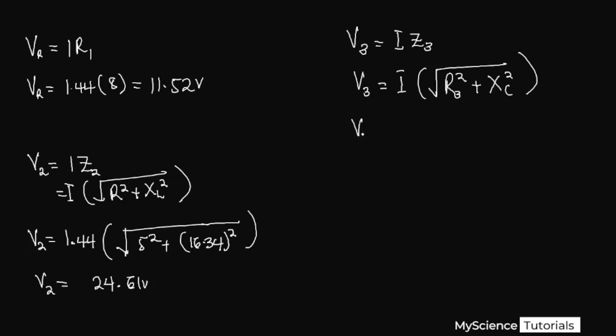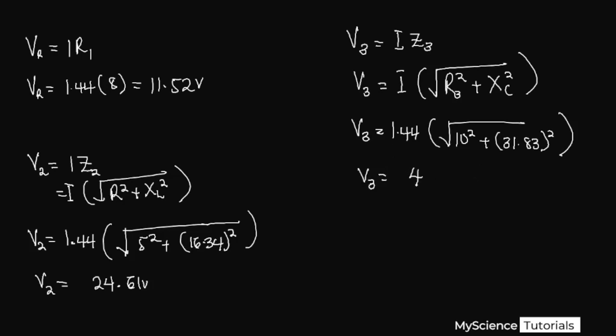Our voltage drop 3 will be 1.44 multiplied by the root of 10 squared as our resistance squared, plus we already found our capacitive reactance, which was 31.83, squared. We compute everything in the calculator and we have 48.04 volts as the voltage drop on impedance 3.